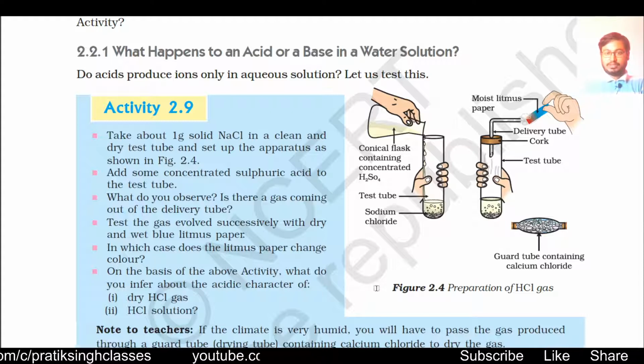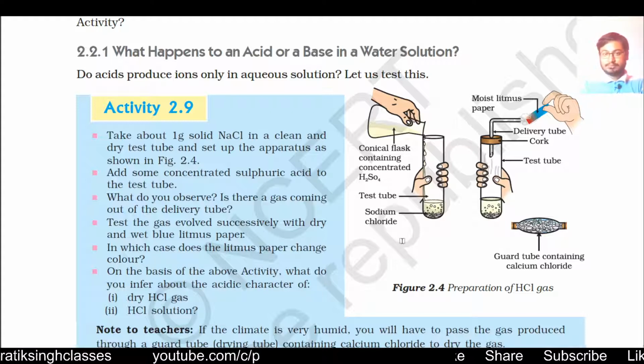First let us see figure 2.4, preparation of HCl gas. We have one conical flask and one test tube. The conical flask contains concentrated sulfuric acid, and the test tube contains sodium chloride, NaCl.